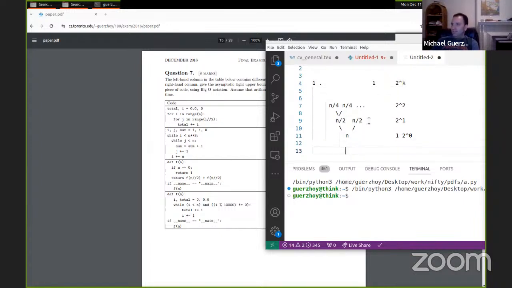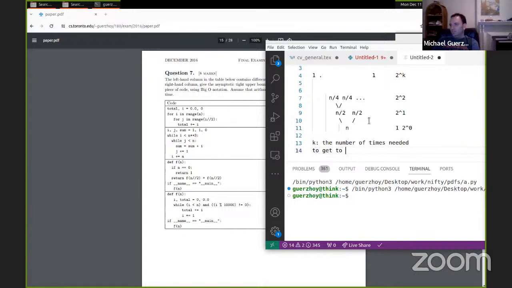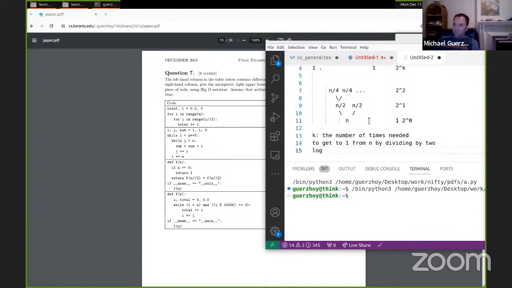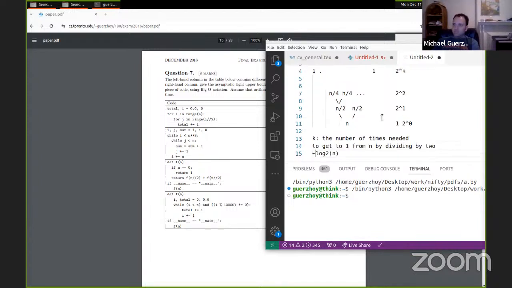So what is 2 to the k? Well, it's the number of times needed to get to 1 from n by dividing by 2, and that is log n. Right.